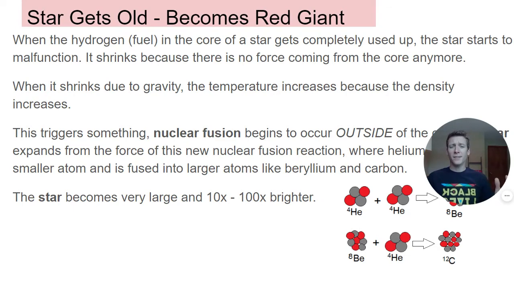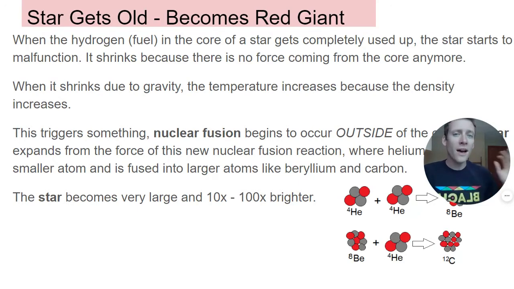When a red giant is formed, basically what's happening is we're changing from a nuclear fusion reaction where two hydrogens turn into helium. We're changing now to a new nuclear fusion reaction where two helium will form beryllium, or beryllium and helium will form oxygen or carbon.